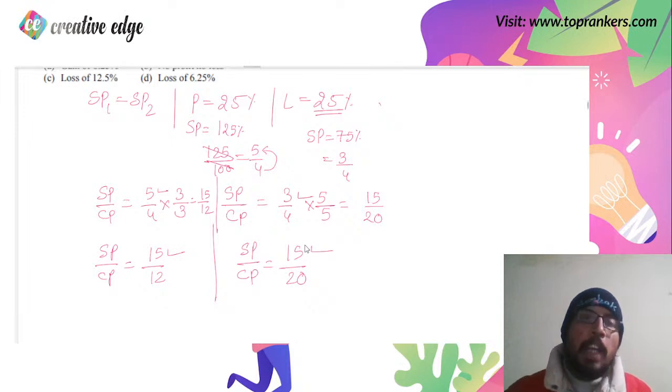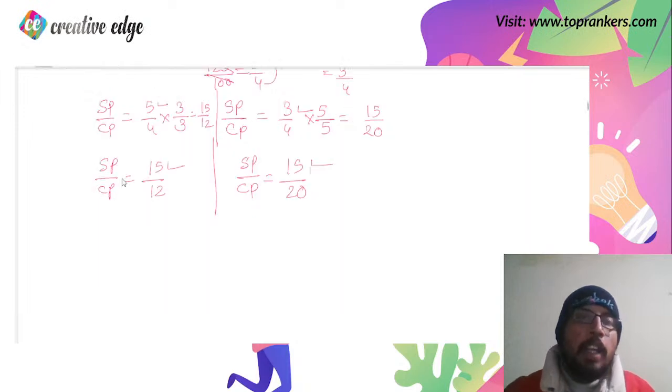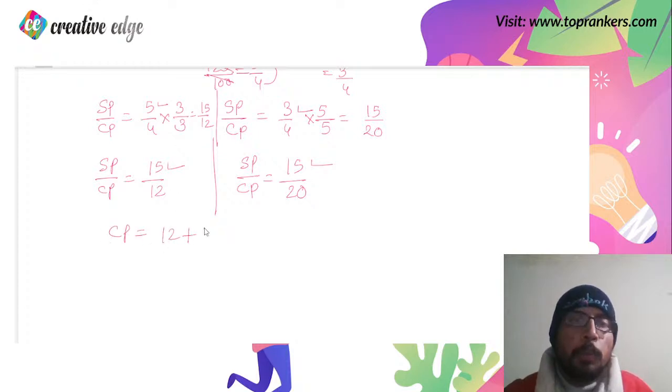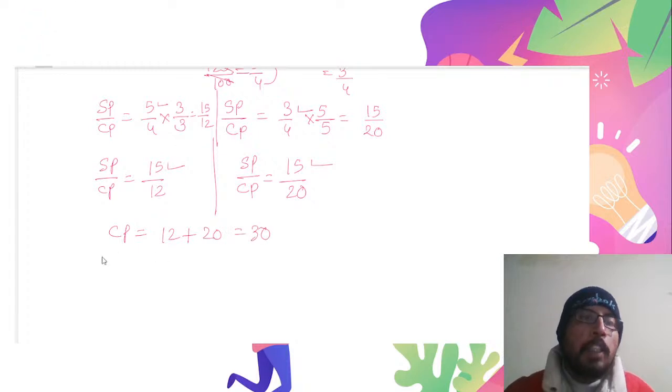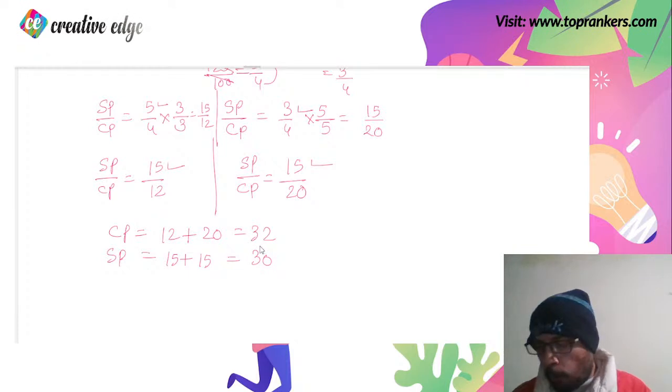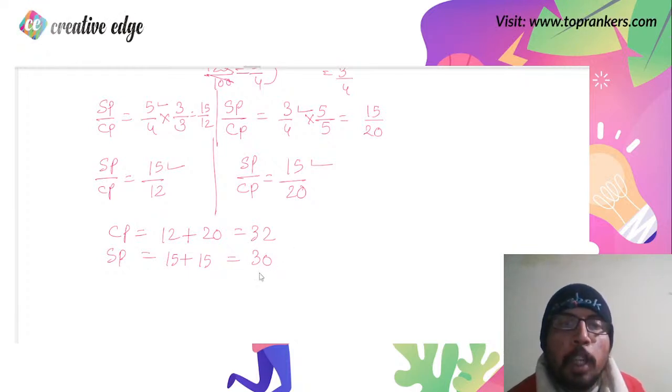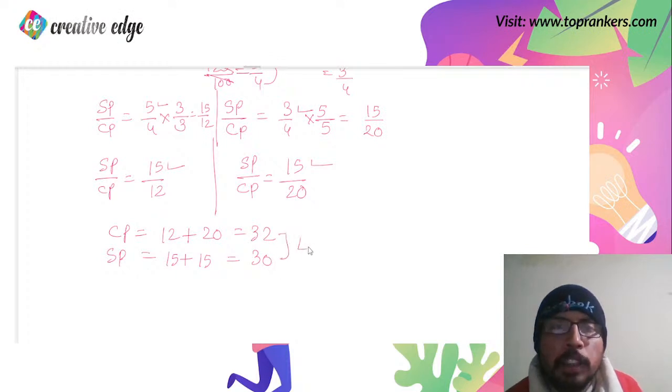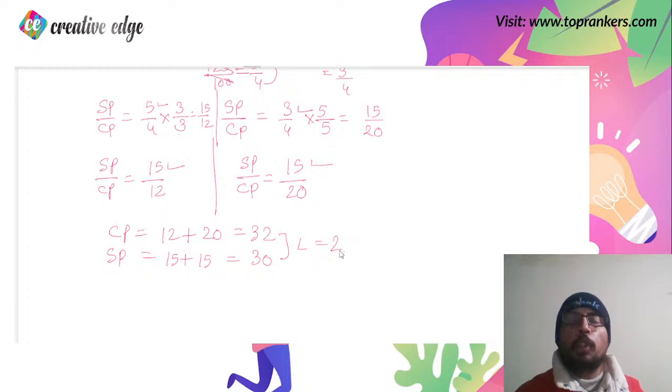That means I bought two commodities at cost prices of 12 plus 20, that is 32, but I sold each of them at 15. So I bought commodities at 32 and I sold them at 30. Obviously I am incurring a loss of 2 rupees.